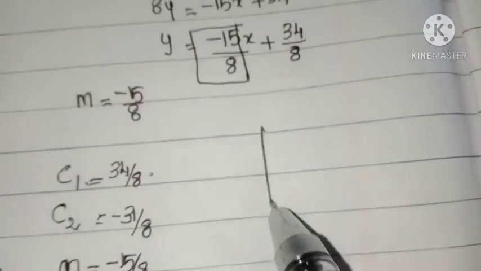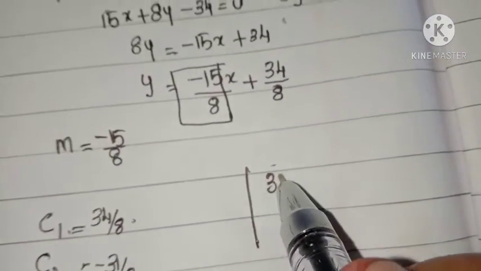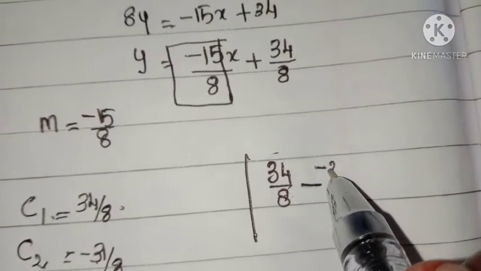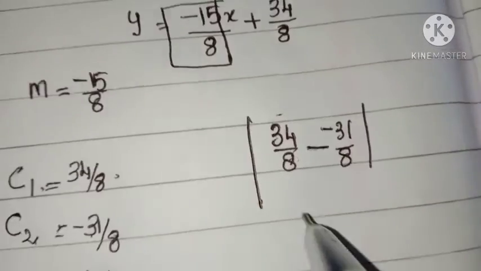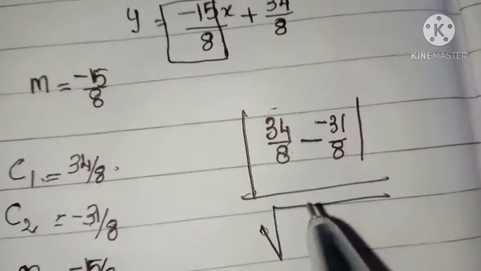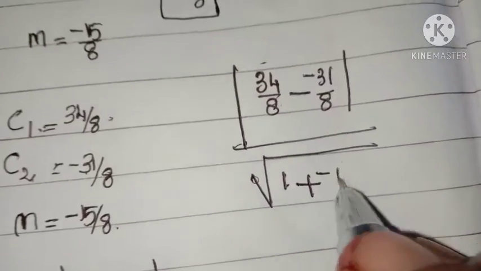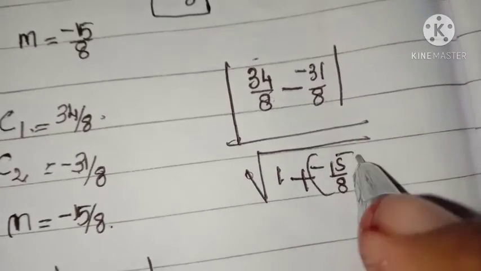Put these values here. Modulus of C1, 34 by 8, minus C2, minus 31 by 8, divided by root of 1 plus m square. What is m? Minus 15 by 8 whole square.